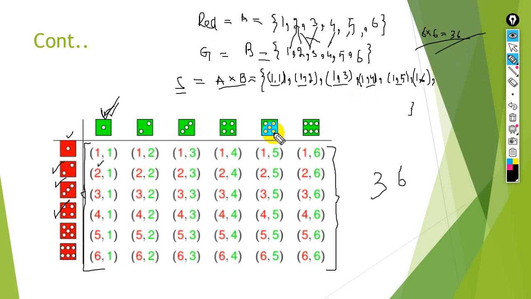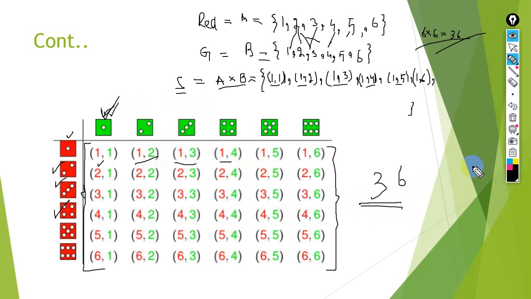Here we have the 36 outcomes for rolling these two dice one time. This complete set is a sample space, and when we take a single point from it, we can say this is an outcome. So the total number of possibilities, the total number of outcomes for rolling these two dice, is 36.